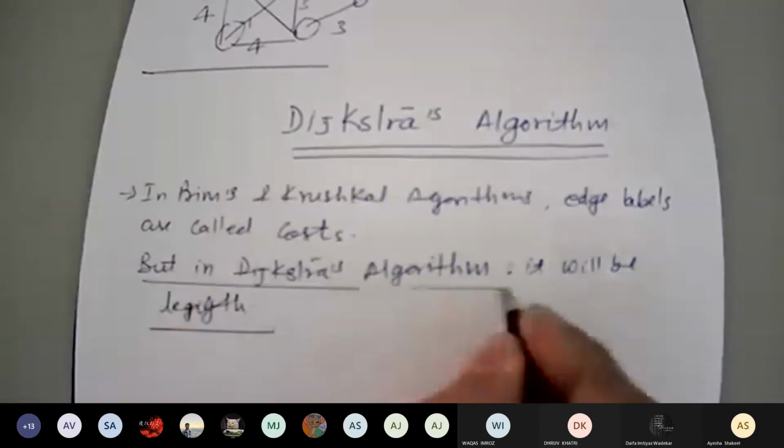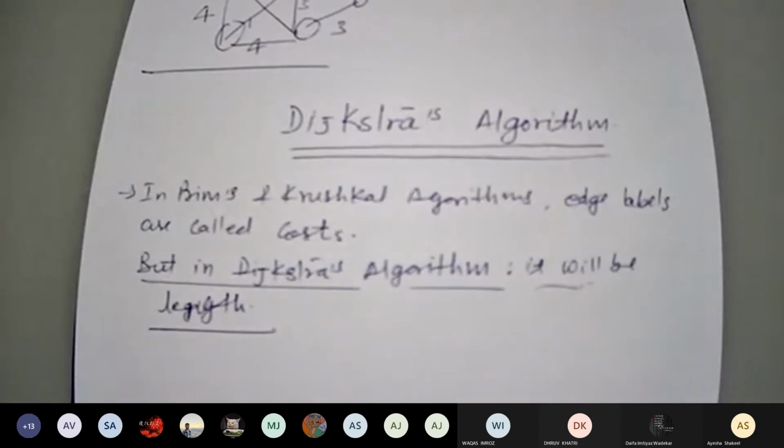So what does it mean? If I'm saying it is length, what does it mean? It means with Prim's and Kruskal, whatever you did till now, you were calculating the minimum spanning tree.